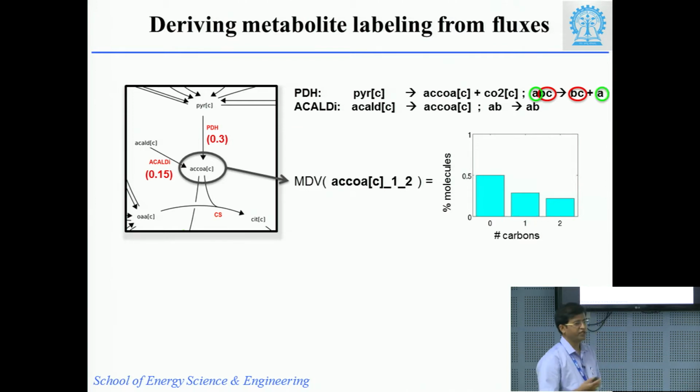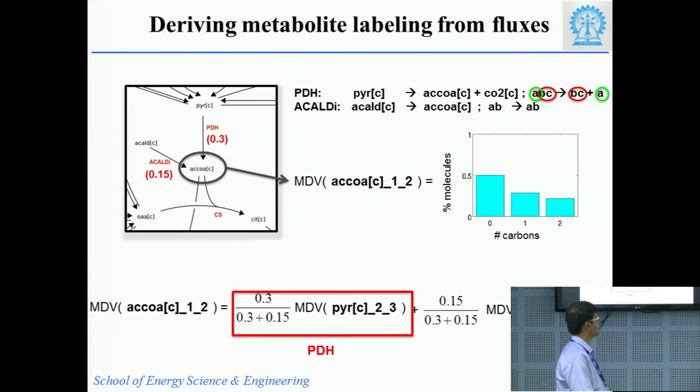Today, in different databases, we have this information where the atom transition map is given: pyruvate with 3 carbons produces acetyl coenzyme A with 2 carbons and carbon dioxide. For the second reaction it is very simple, the 2 carbons are converted into 2 carbons.